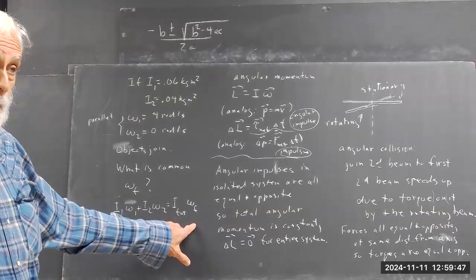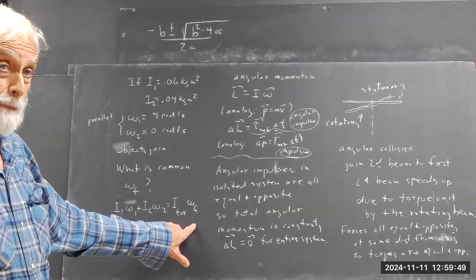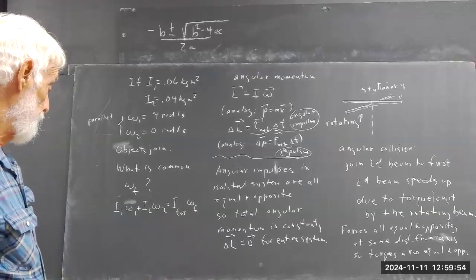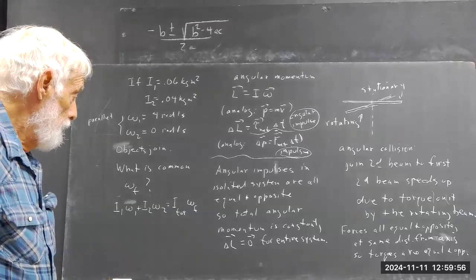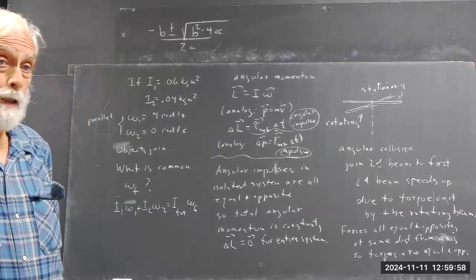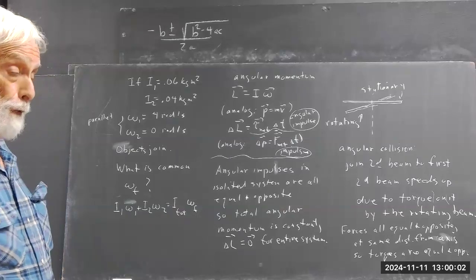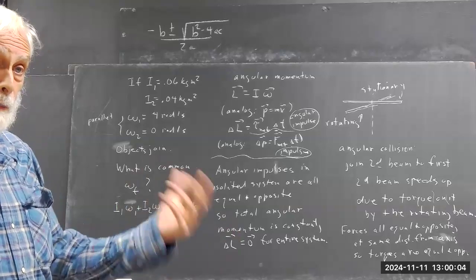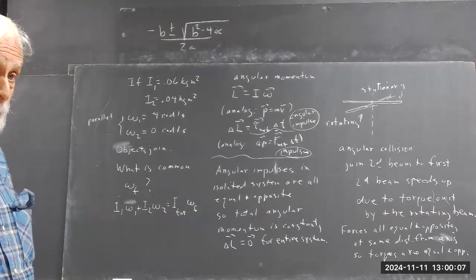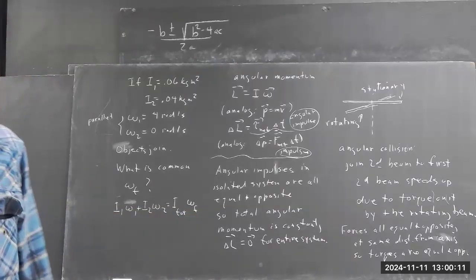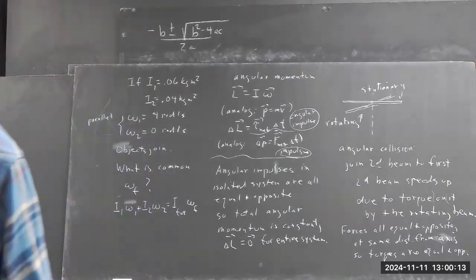Here's your total angular momentum after collision. Now, rather than plug numbers in at the very first, and there is some advantage in plugging numbers in, seeing what the quantities are, how about just solving this for omega f and then plugging the numbers in?